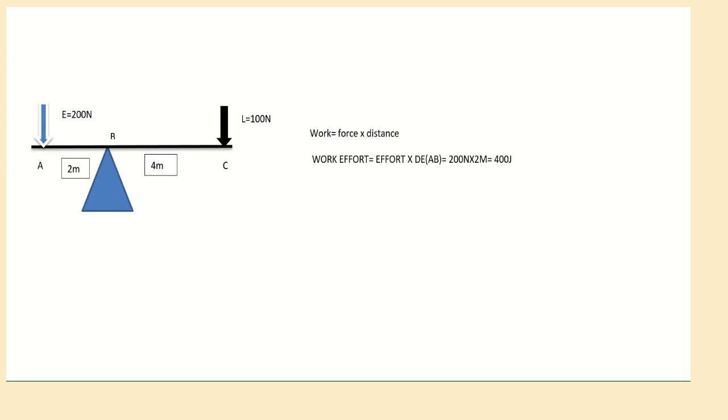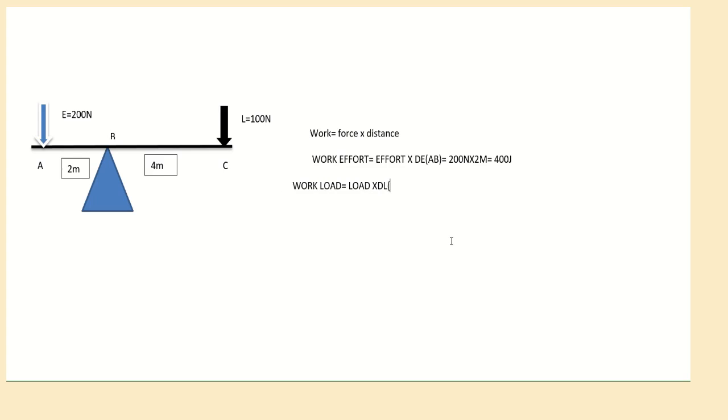Right. Now, what is the work done by the load? The work done by the load, we call it workload. The workload will be equal to the load times the distance moved by the load.